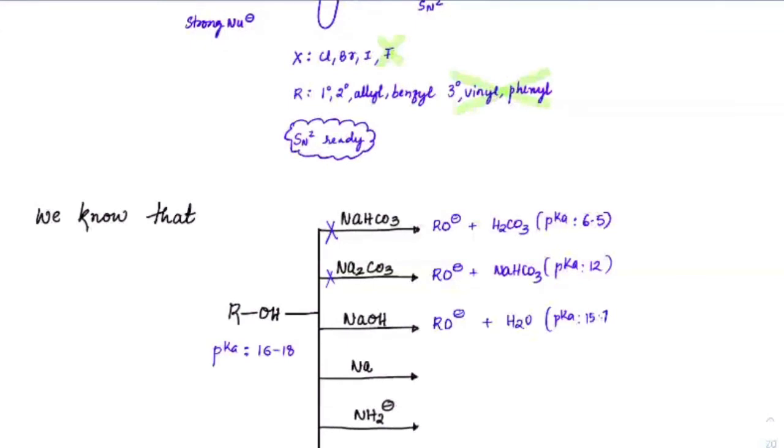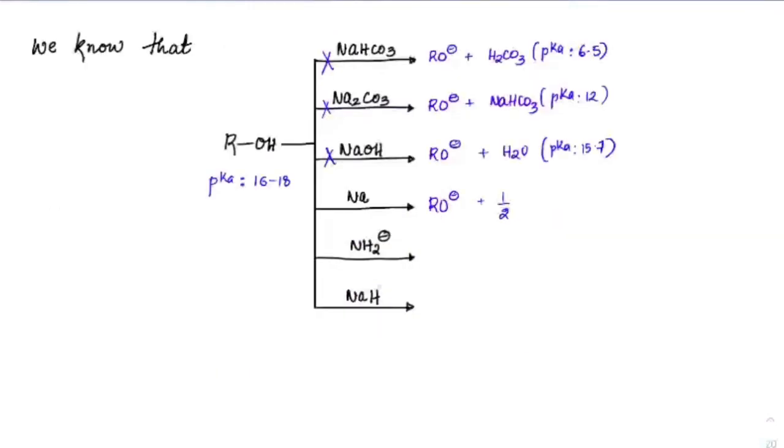With sodium, if ROH is reacted directly with sodium, it will form RO minus and half H2. The pKa value of H2 is around 38, so this reaction will definitely take place and RO minus will be formed. NH2 minus will form RO minus and NH3, and the pKa value is also around 38.